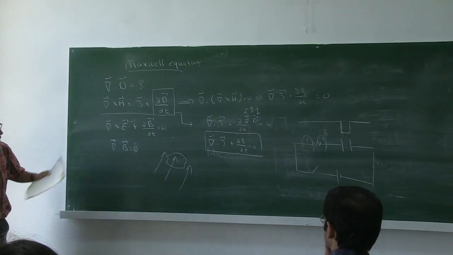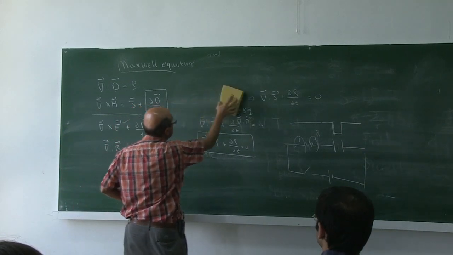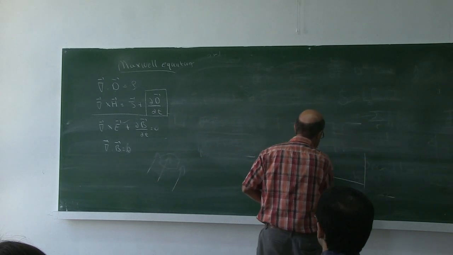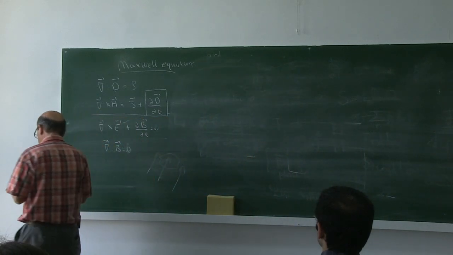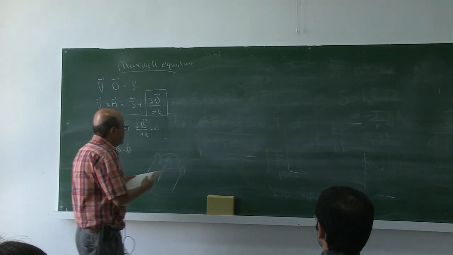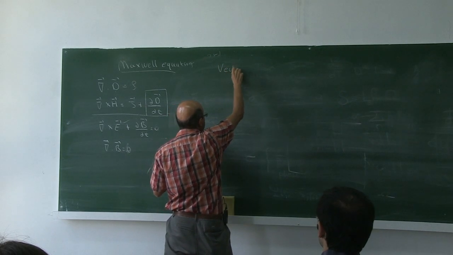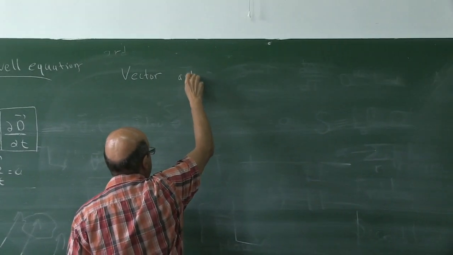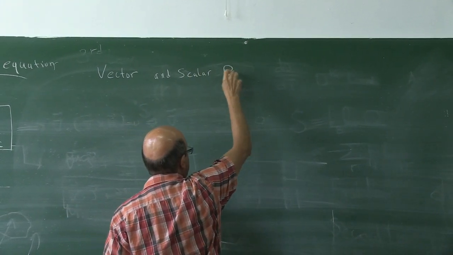Now, these are Maxwell's equations, and let us look at Maxwell's equations in terms of potentials. We have two potentials, vector potential and scalar potential.